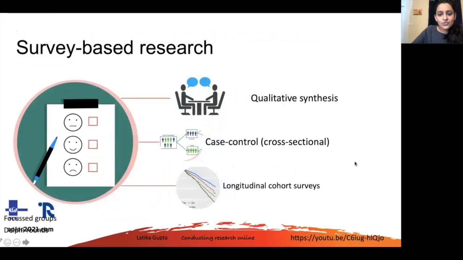Now, survey-based research can also be of various kinds, including a face-to-face interview with just a few patients, the so-called qualitative synthesis, where it helps you develop broad ideas on a research question, or a case control study, which may be typically cross-sectional, or even much larger population-based impactful surveys, which can be longitudinal cohort studies.